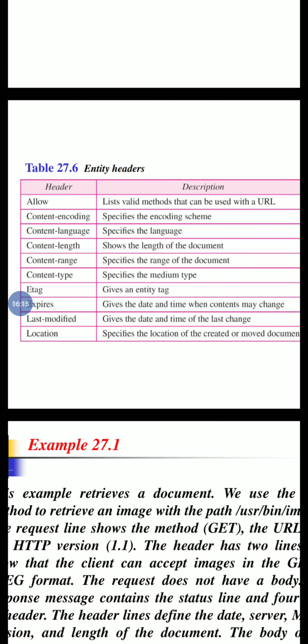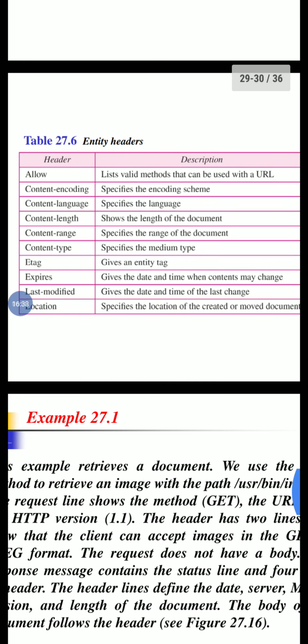In that, the Allow header is most of the times used. It lists valid methods that can be used with a URL. Then Content-Encoding, Content-Language, Content-Length, Content-Range, and Content-Type specify the medium type, the range of the document, the length of the document, the language and the encoding scheme.